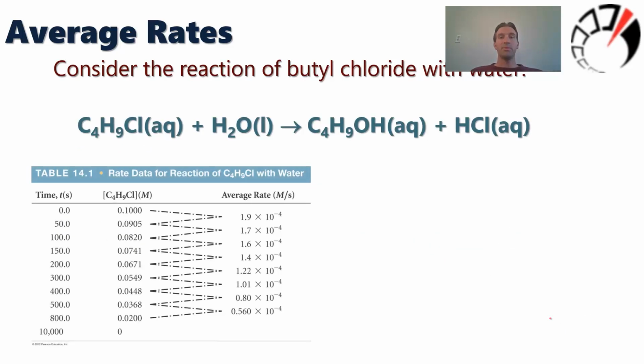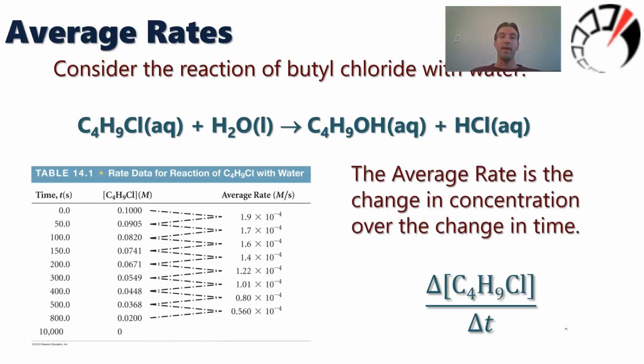Now, some things to keep in mind here. The average rate can be calculated by looking at the change in our reactant, in this case butyl chloride, over a change in time. If you're given data points, what we need to do is write down those values. Time final minus the initial would give us a change. The final time would have been 50 seconds, and the initial time was 0 seconds.